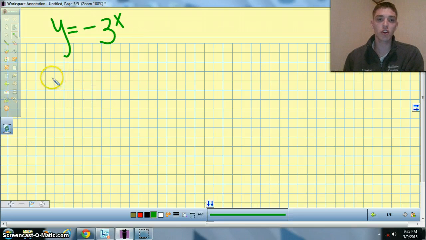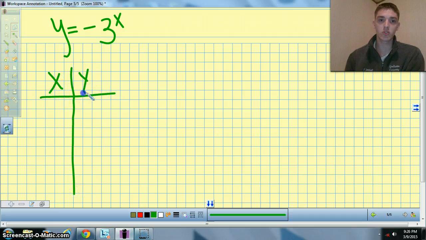Okay, so looking at the chart of this, negative 2, negative 1, 0, 1, 2, plug in these values for x and see what we get. So we've got negative 3 to the negative 2, which is just 1 over negative 3 to the 2.